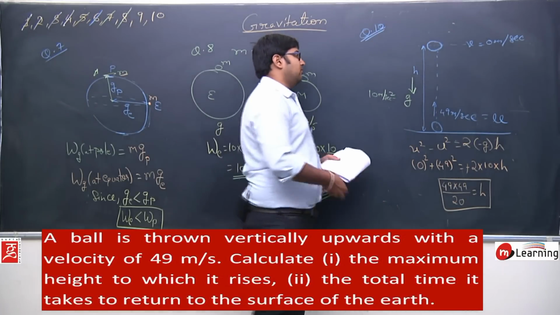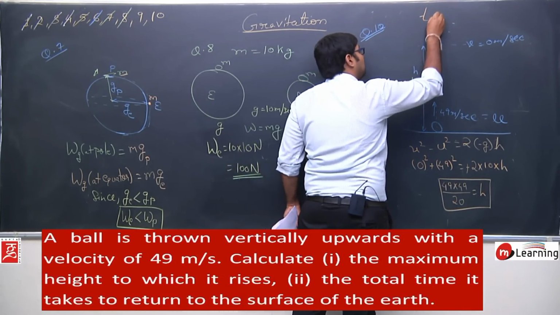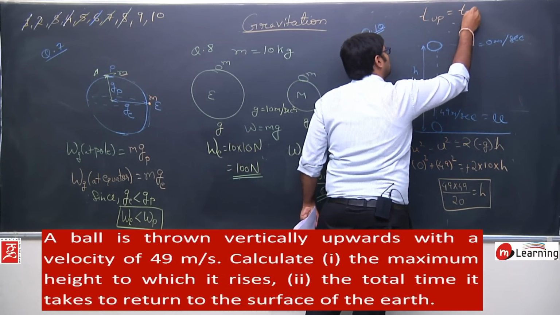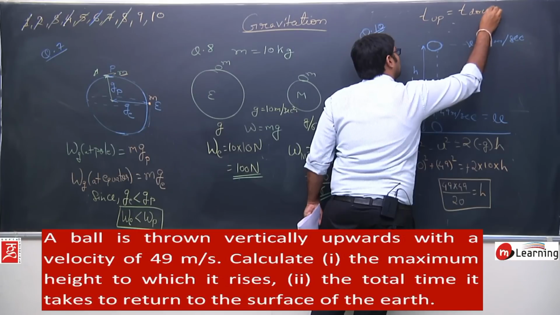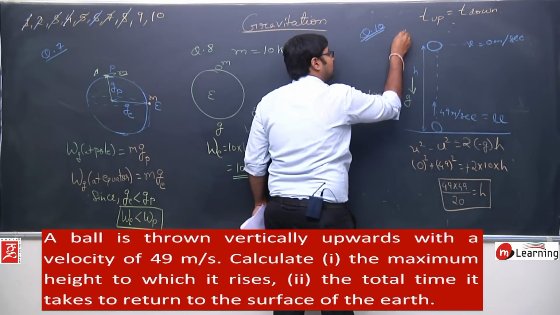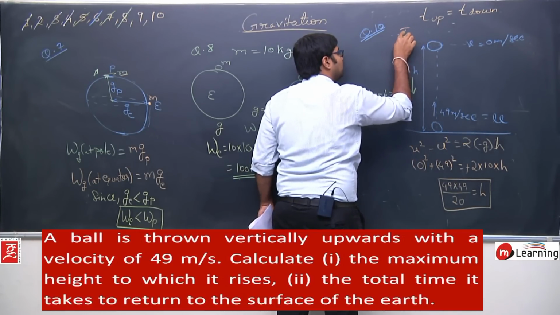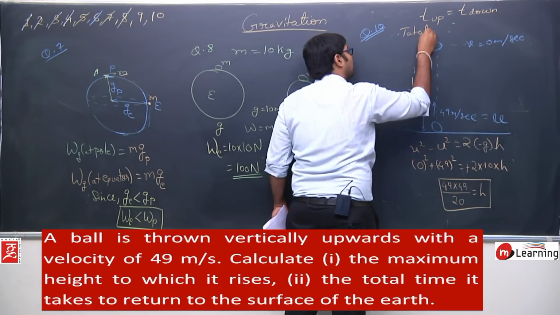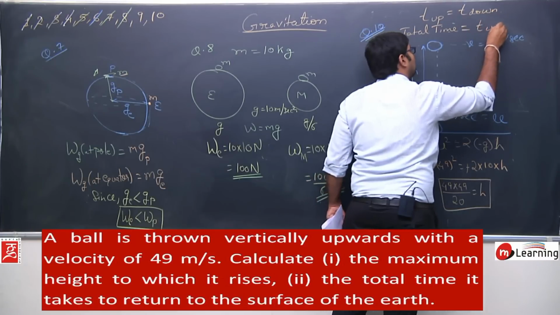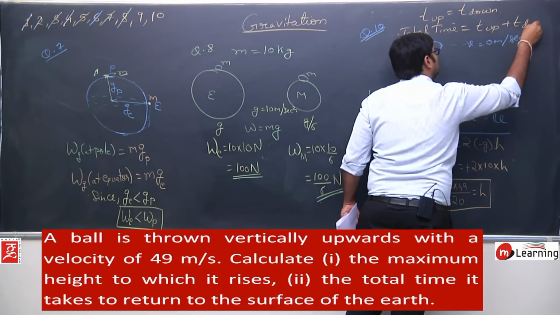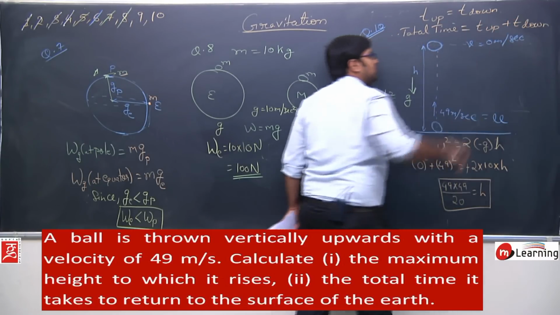So time to go up will be equal to time to come down, and therefore the total time would be time to go up plus time to go down. This would be the total time.